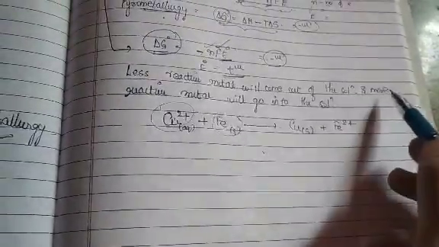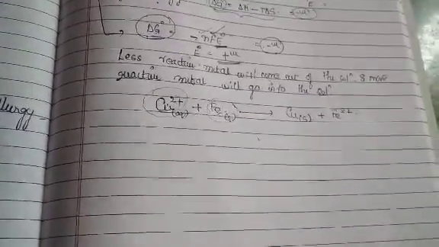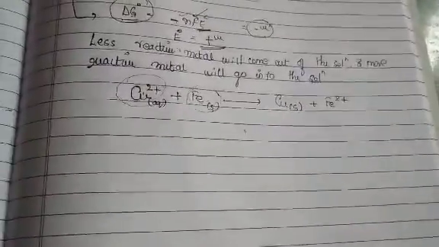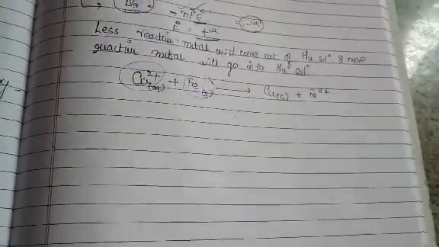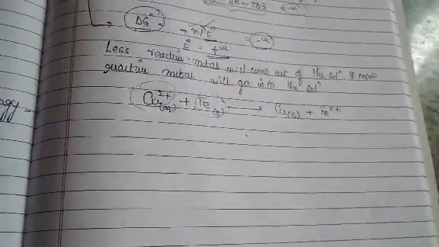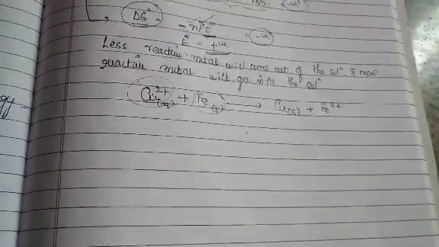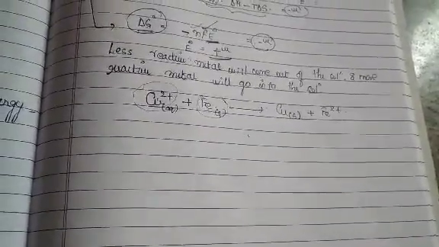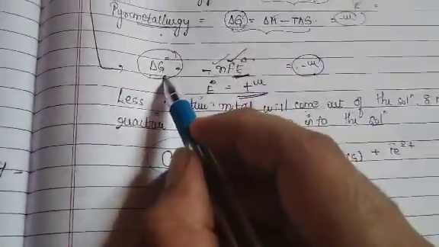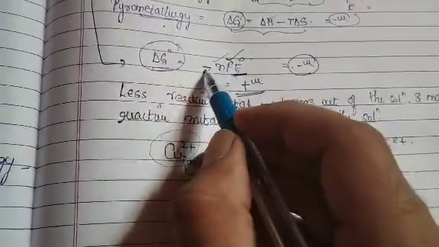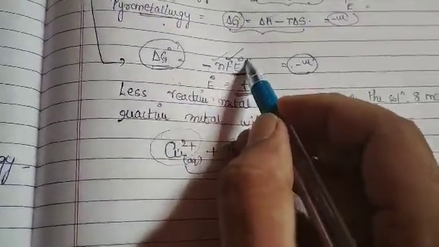Now you can ask me, sir, how can we see which is less reactive and more reactive? If you remember, I gave you an electrochemical series when teaching redox reactions. By utilizing that electrochemical series, we will be able to say which will be acting as the more reactive metal and which as the less reactive metal. But in order to understand this reaction, first we have to understand this equation: delta G naught equals minus N F E naught.